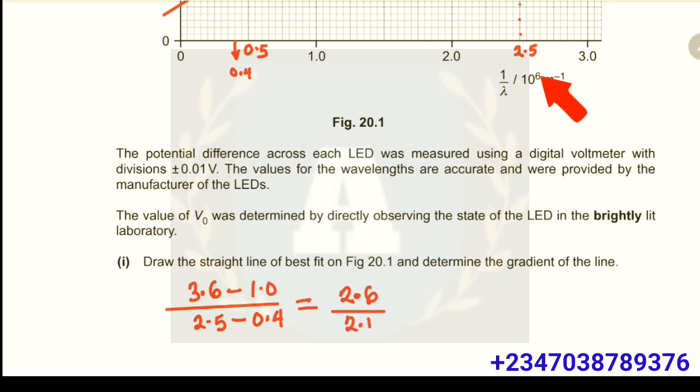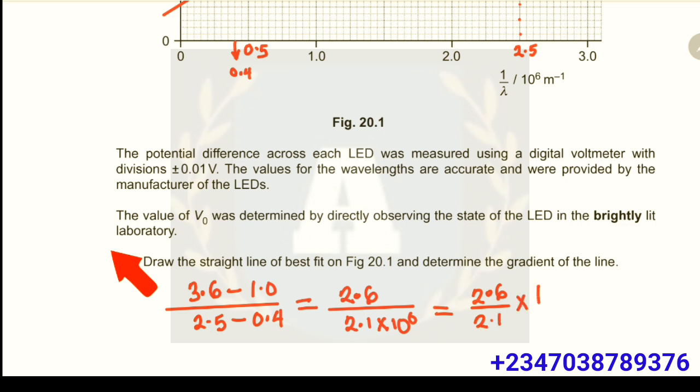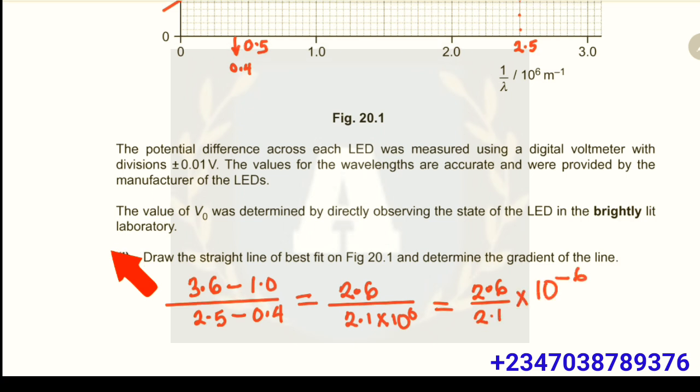Don't forget, this is 10 to the power of minus 6, times 10 to the power of 6 rather. So it's going to go up, and once it attains the upper part, we have 2.6 divided by 2.1 times 10 to the power of negative 6.